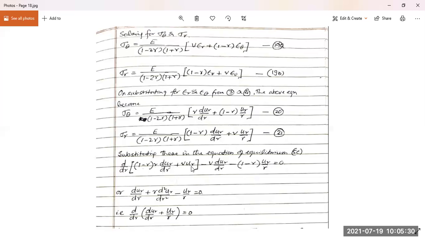This portion of the equation stays there, multiplied by d by dr, and epsilon theta is this portion, with r into du r by dr and v into u r by r.